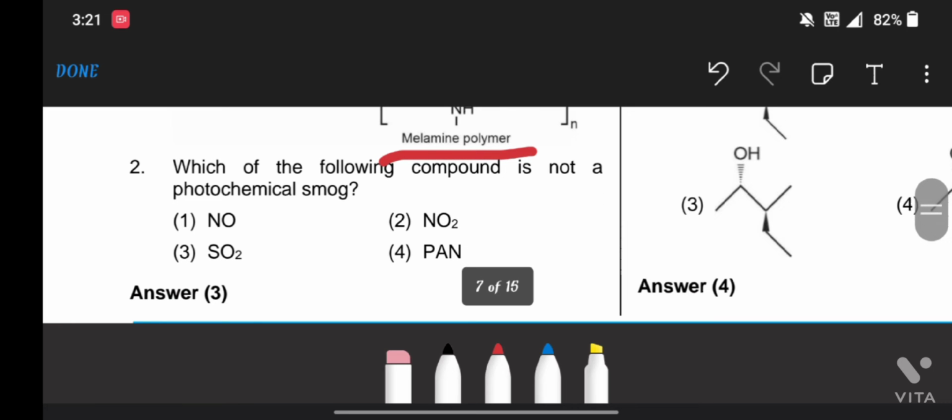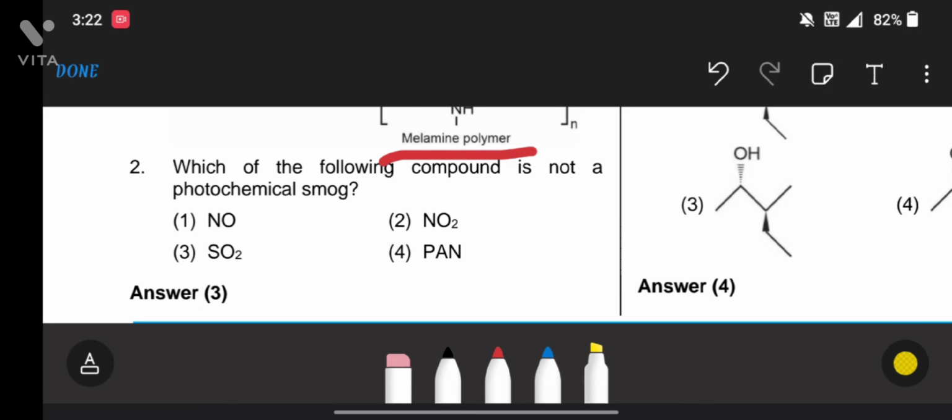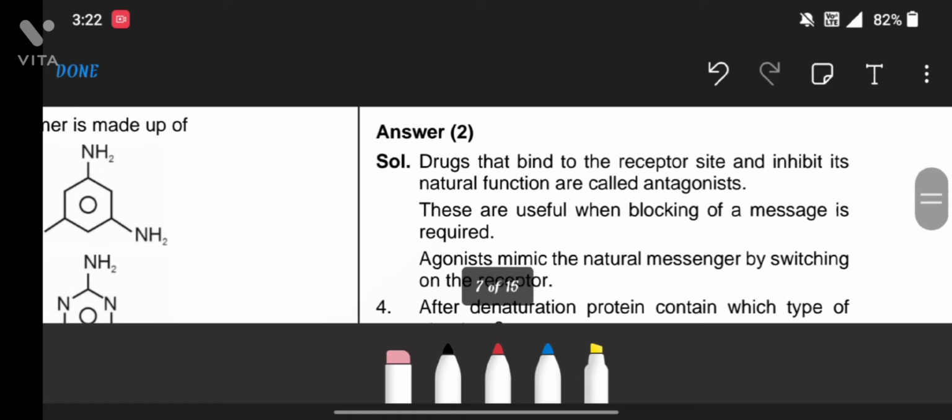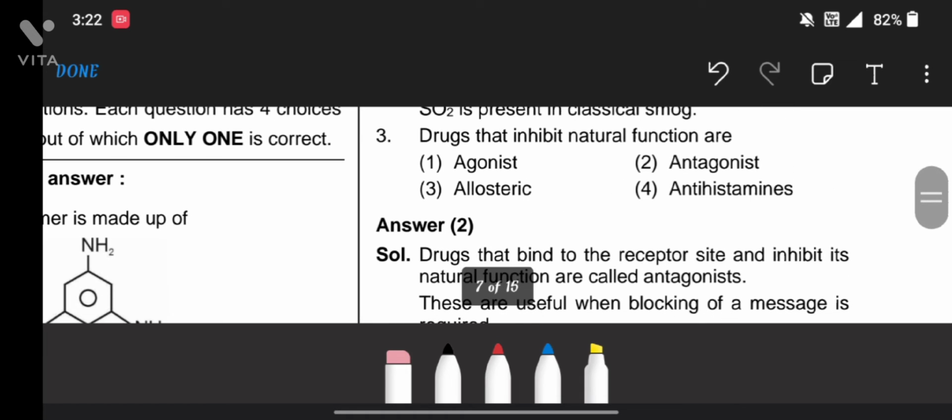Agonists mimic the natural messenger by switching on the receptor. So option 2 is the correct answer for question number 3.